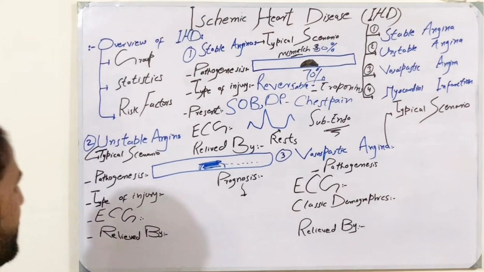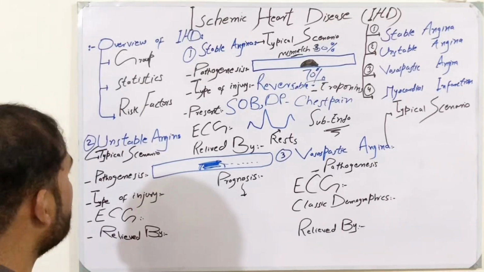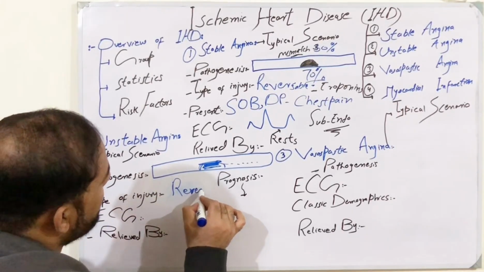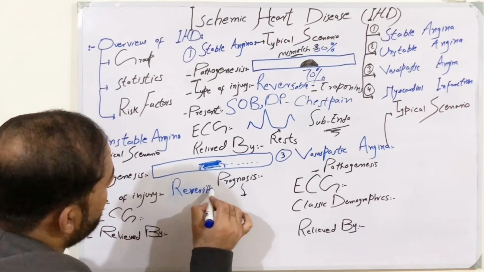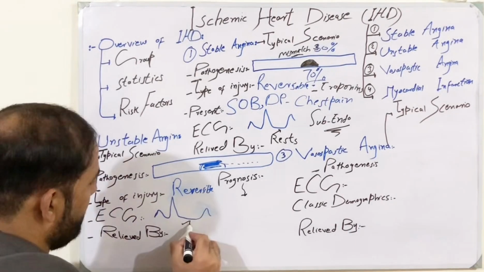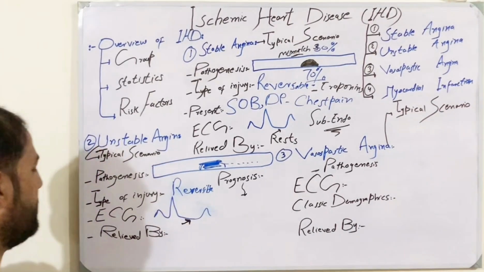And if we talk about the type of injury, the injury here is reversible too. So you can easily guess what the ECG finding in this unstable angina will be. It will be ST depression.